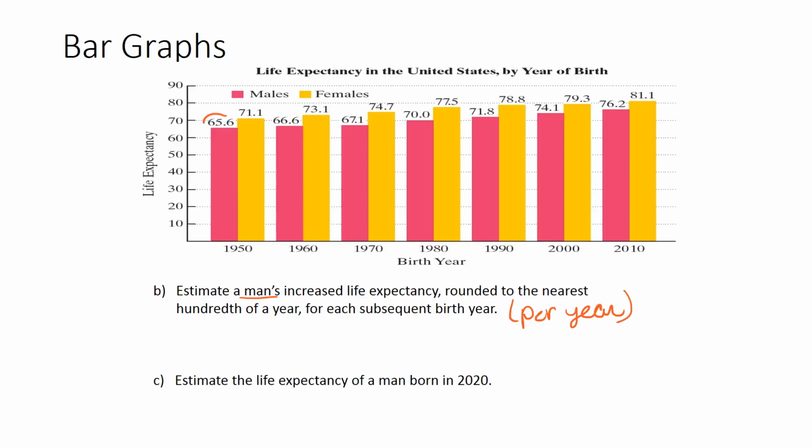But what we do is we look at the first year and the last year, and we find the difference, and then we find the difference in the number of years. So this is from 2010 to 1950. So that would be 60 years: 10, 20, 30, 40, 50, 60.